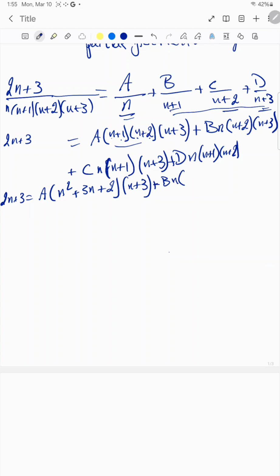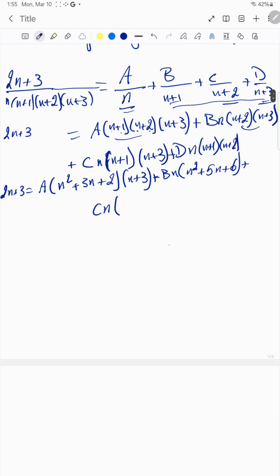Plus bn, and I will multiply (n + 2) times (n + 3). So I will have n squared, and n times 3 is 3n, plus 2 times n is 2n, so plus 5n, plus 2 times 3 is 6. Plus cn, and I'll multiply (n + 1) times (n + 3), so this is n squared, and I have 3n plus n, 4n, plus 3.